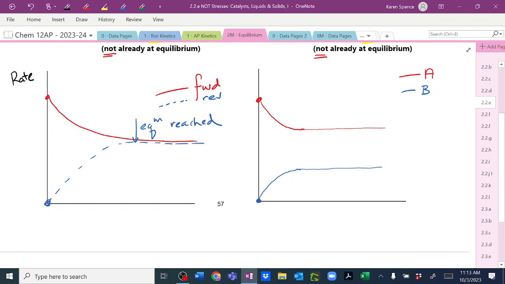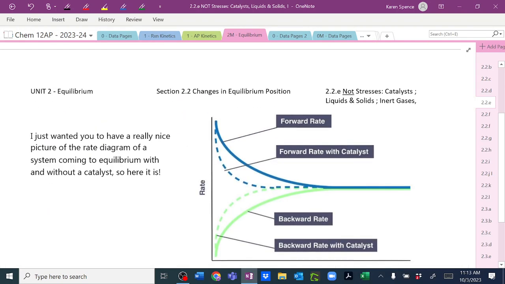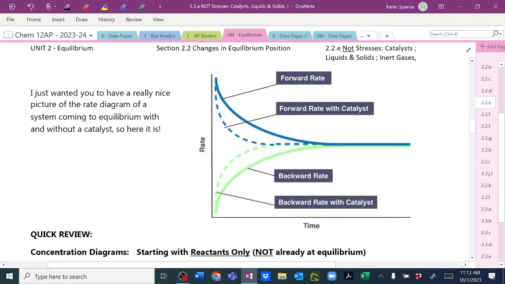And rather than me trying to draw this, I think if we're lucky, look at that. On the next page, we have the forward rate and then the forward rate with the catalyst. So much better than I could draw.